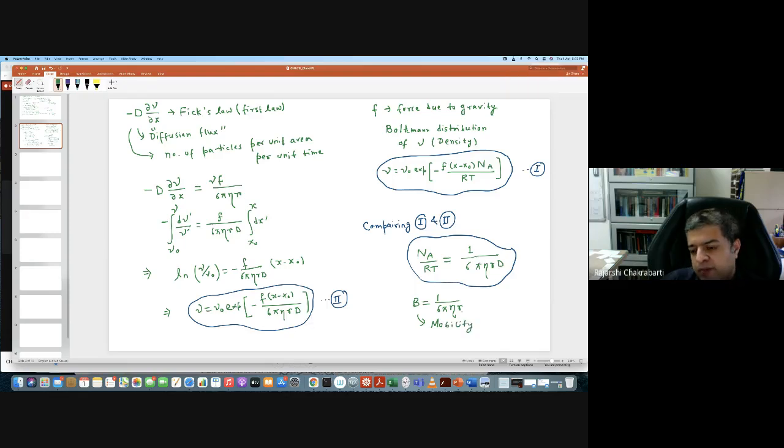Now mobility, you just look at it. If you have a bigger particle, this mobility is small. If your viscosity is high, mobility is also small.